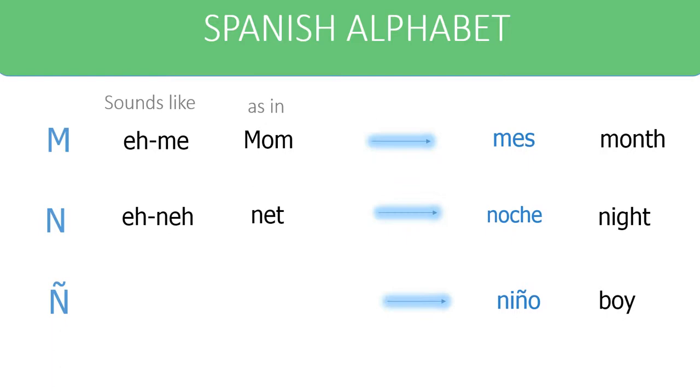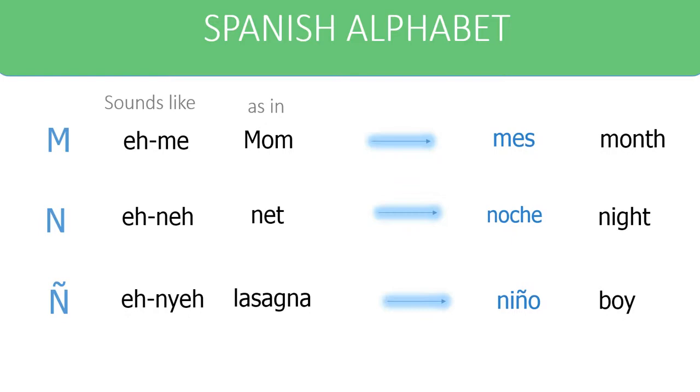So this letter in Spanish is ñ. As you can see, it sounds very similar to the one in lasagna. So you were familiar with it, but you didn't know about it. An example is the word niño. Niño means boy.